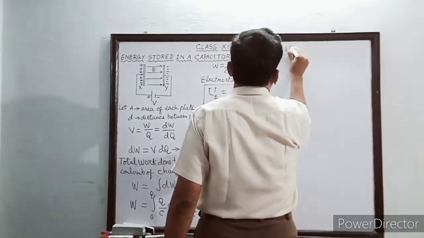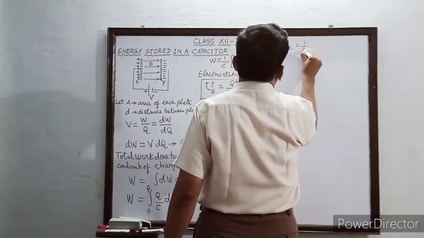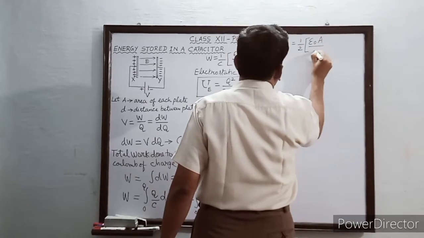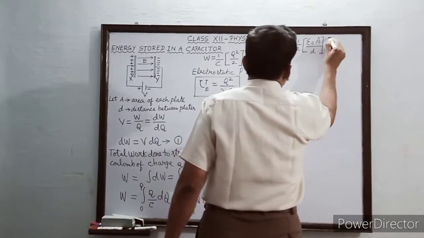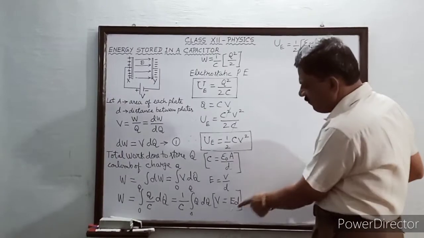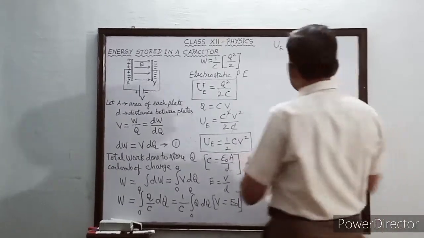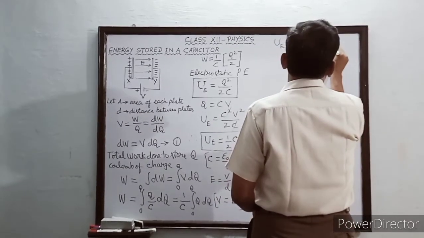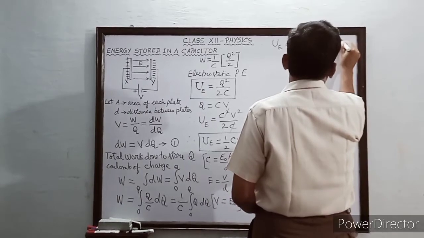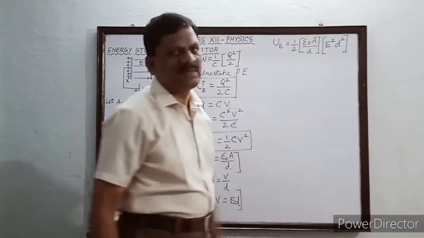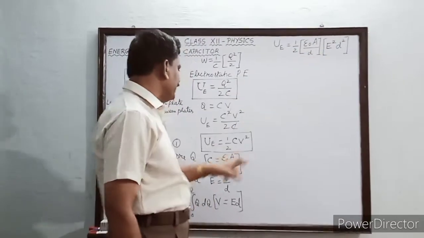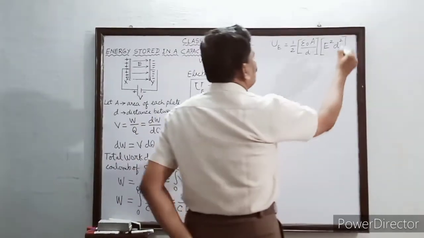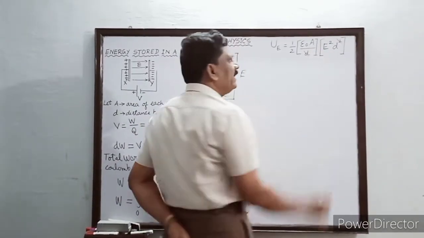Therefore capital UE is now equal to 1 by 2 into epsilon naught A by D in place of C, and in place of V, E into D. Here V square is there, therefore this is E into D the whole square, which is E square into D square. We have substituted C equal to epsilon naught A by D and V square equal to E square into D square. Now this D square term and this D get cancelled.